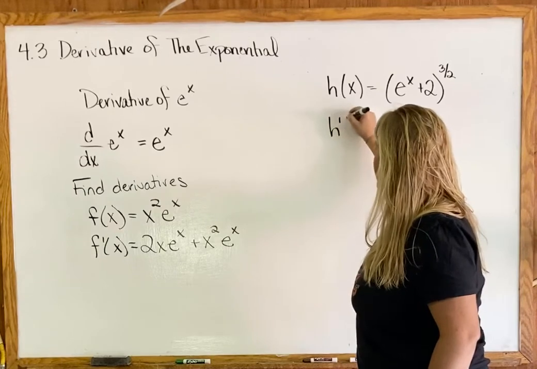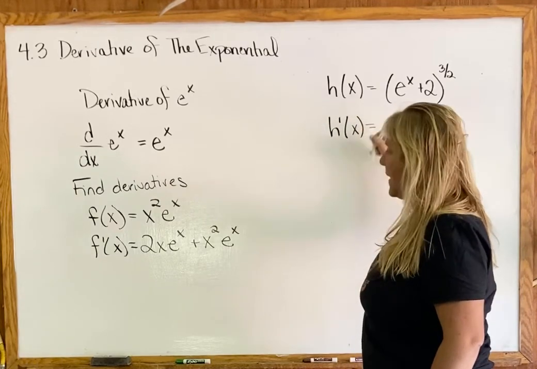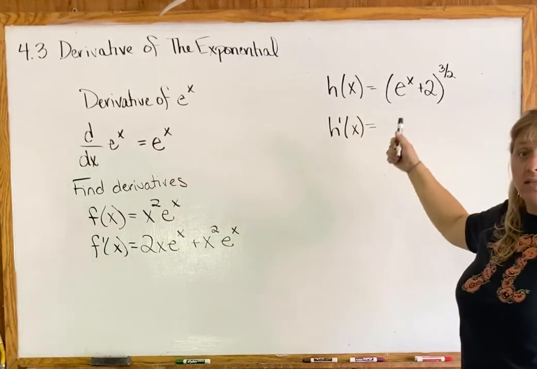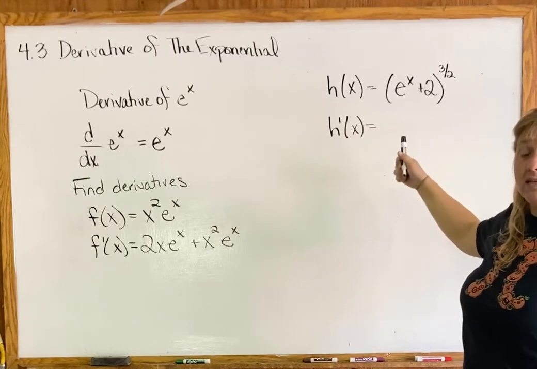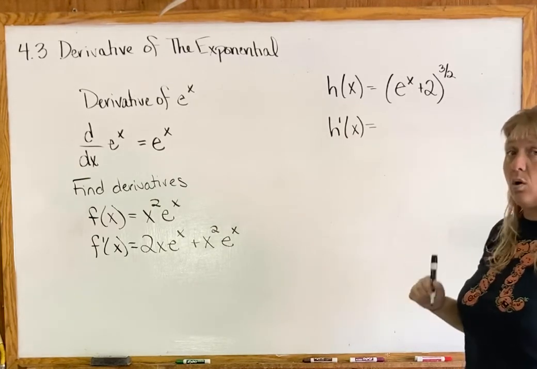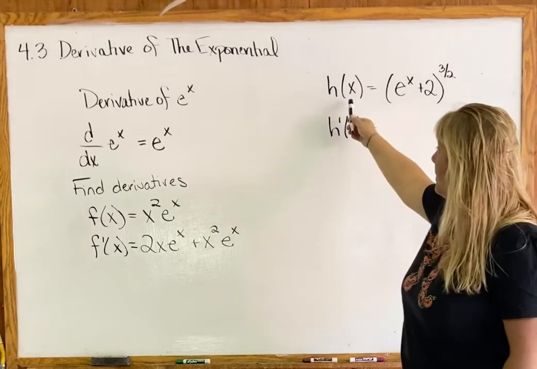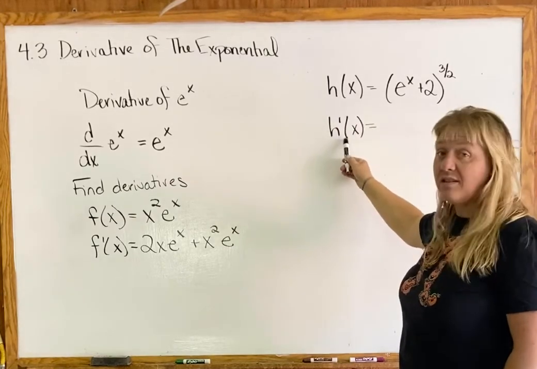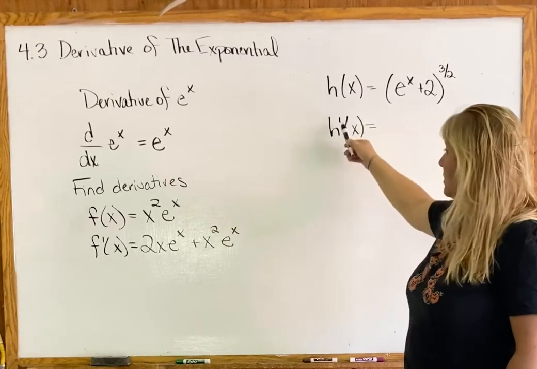Let's make a note: I'm noticing on tests that we're forgetting to put labels. When you're finding derivatives, you always have to put a label to tell people that this function is different than this function, so we need the little prime on there.